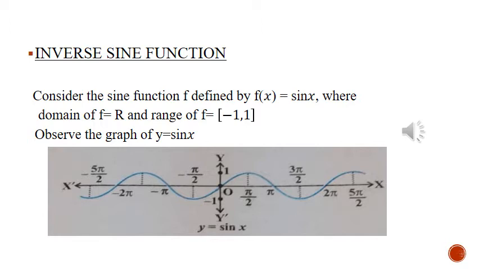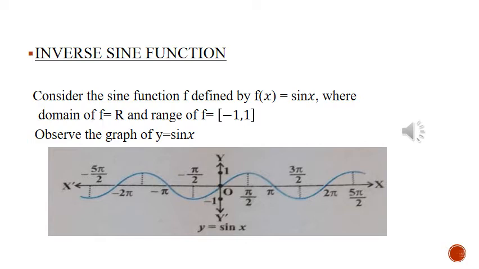Now observe the graph of the function y = sin x. Observe carefully. Is this sine function one-one? Look at the graph carefully, children. When x is equal to -2π, sin x equals 0. When x is -π, sin x is 0.